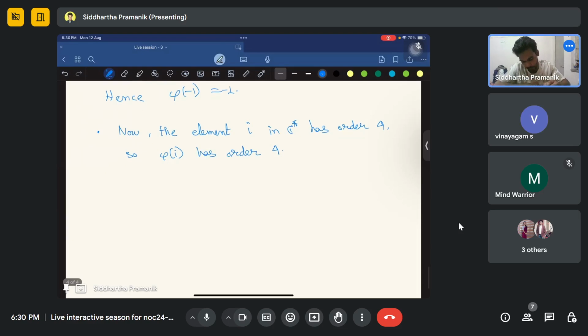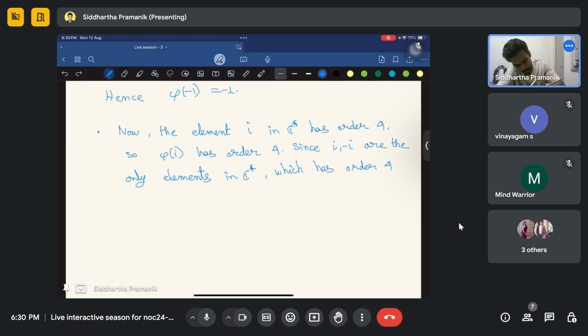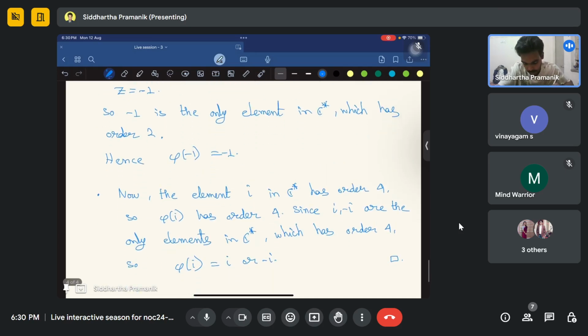Since i and minus i are the only elements in C star which have order 4, phi of i can be i or it can be minus i. So I hope everyone has understood this.